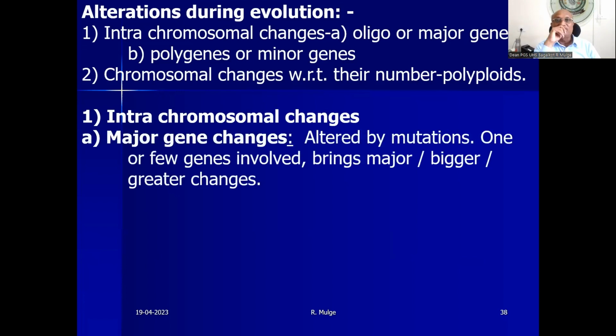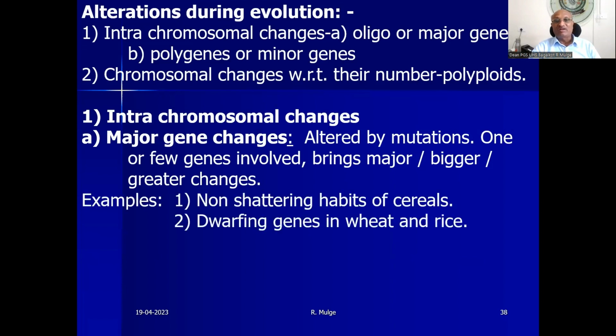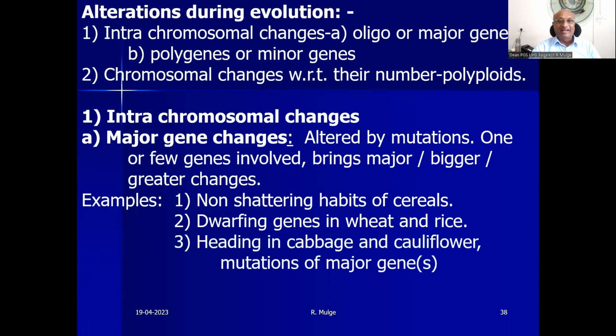Then intrachromosomal changes. Major gene changes, altered by mutations, where one or a few genes involved bring a bigger, greater change. Examples are non-shattering habit of cereals and dwarfing genes in wheat and rice. These are examples where evolution studies are available with us. The heading in cabbage and cauliflower happened in a single stroke.